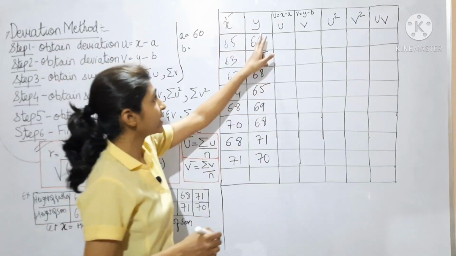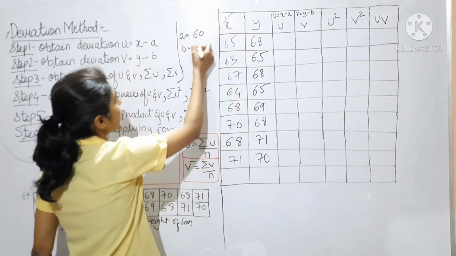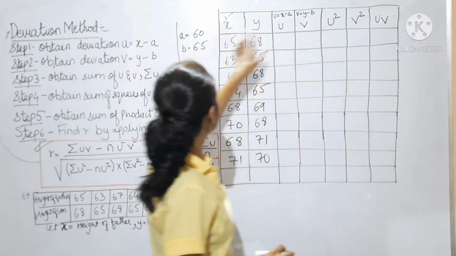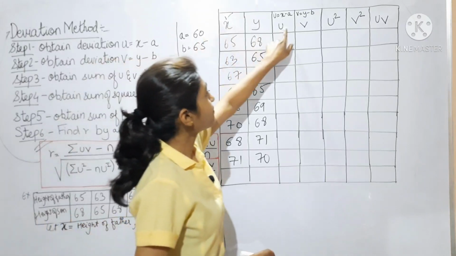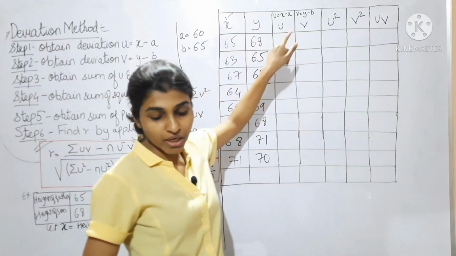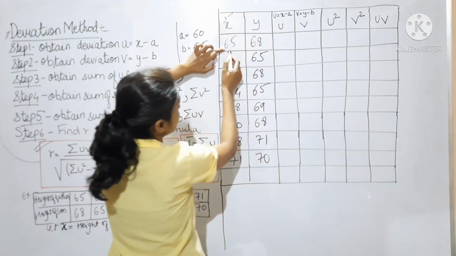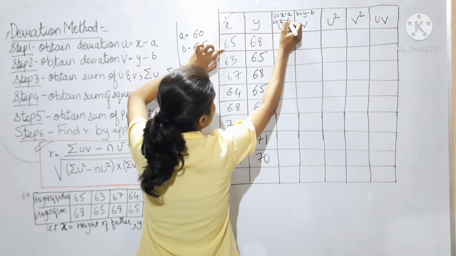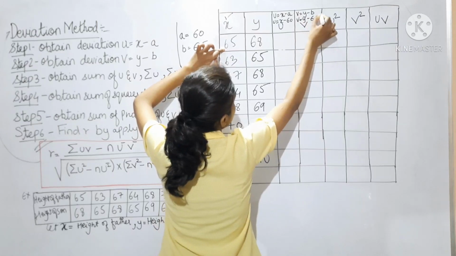You can select any one number from the y. So I will select b as 65. Now I have got b value as 65, a value as 60, so now I can find the value of v. So u is equal to x minus 60 and v is equal to y minus 65.